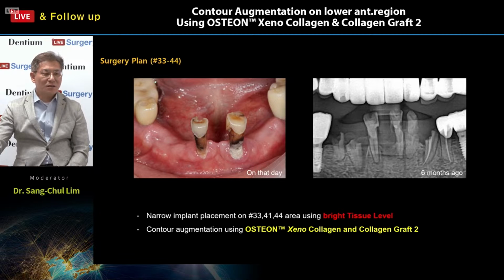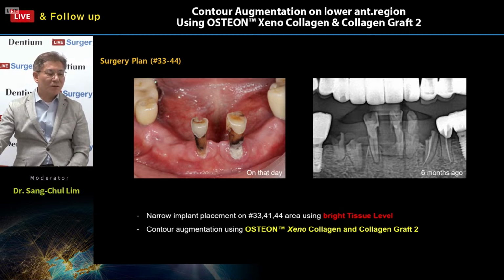So 6 months ago, as you can see from the panoramic view, the root remnant here and the severe caries, severe decayed teeth were there, and all of these teeth should be extracted before the surgery.